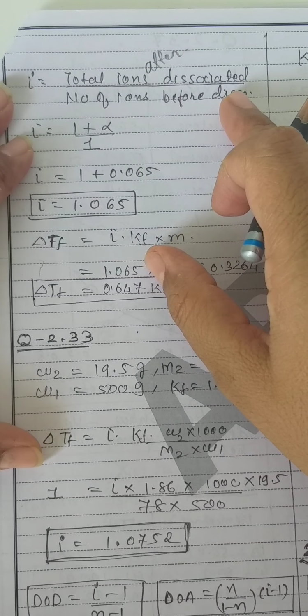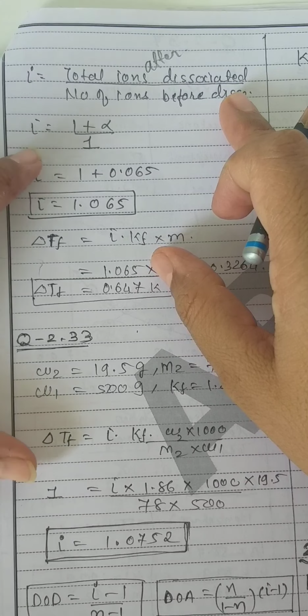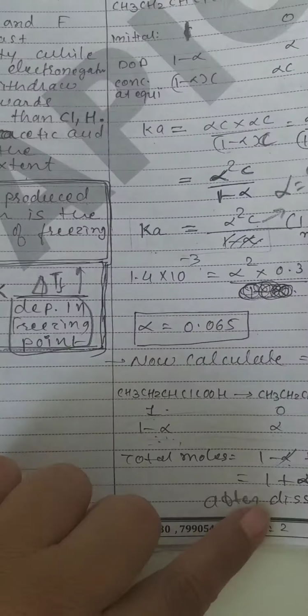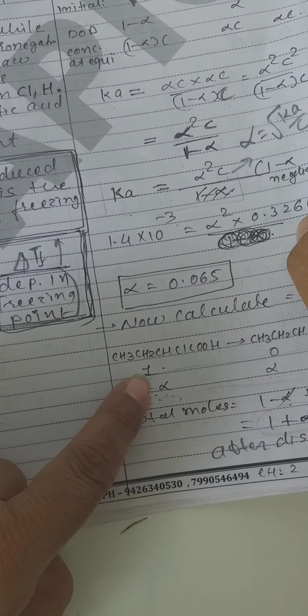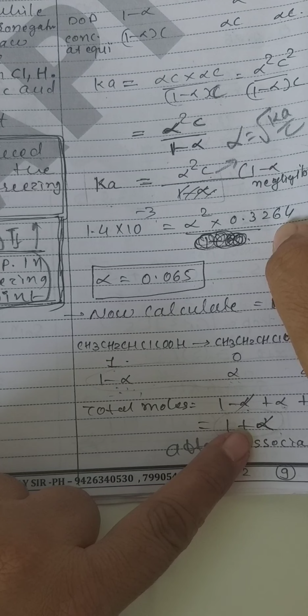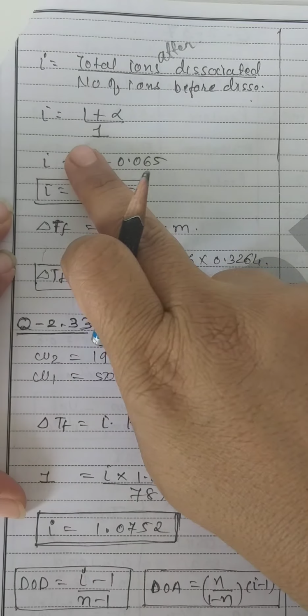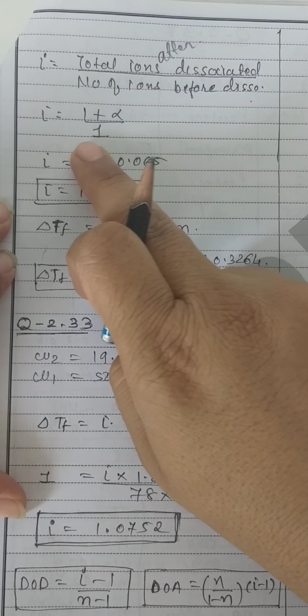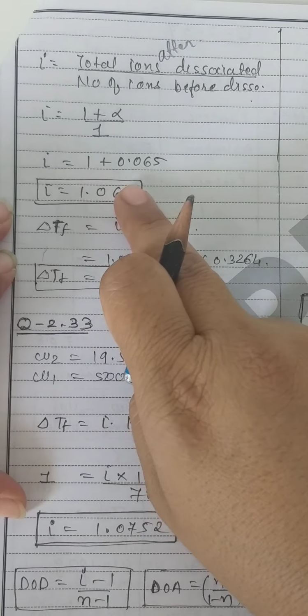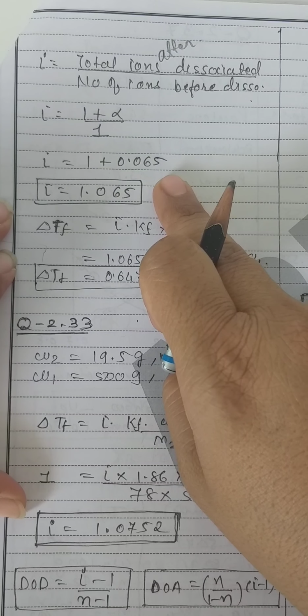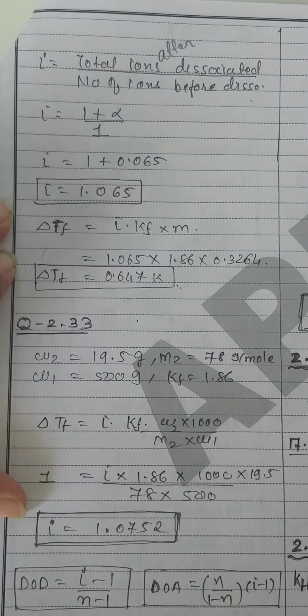So total number of particles after dissociation that we calculated here is 1 plus alpha, and initially the number was 1, and after dissociation it becomes 1 plus alpha. So now here i is equal to 1 plus alpha upon 1. Cross multiply, i is equal to 1 plus 0.065. So i is equal to 1.065.